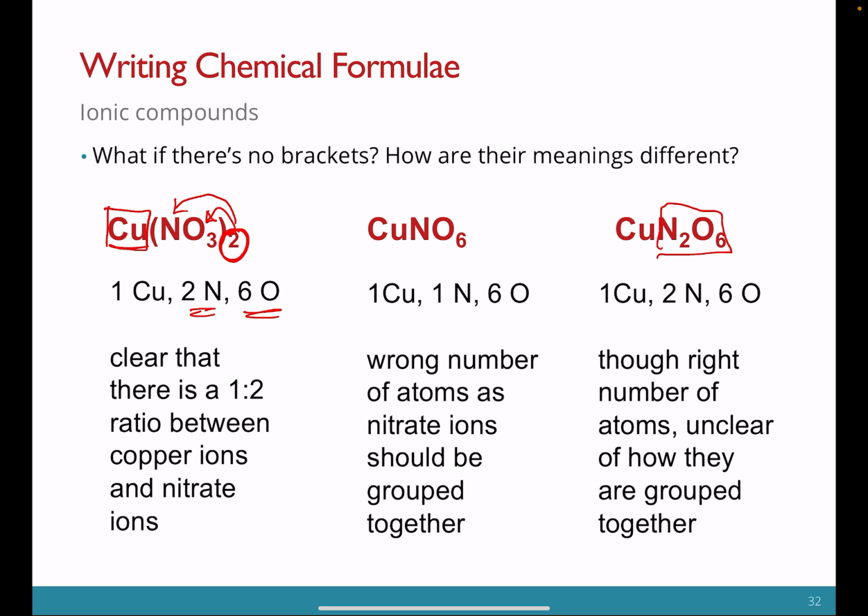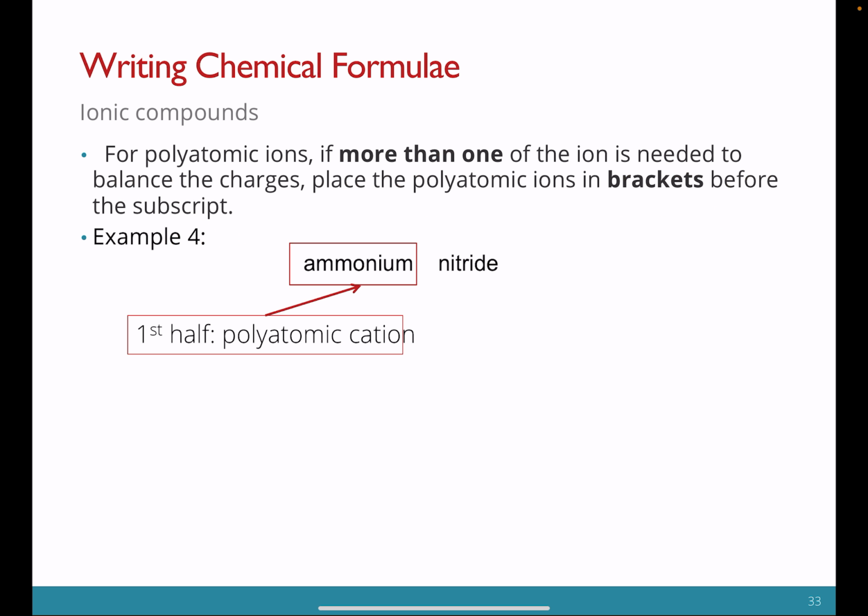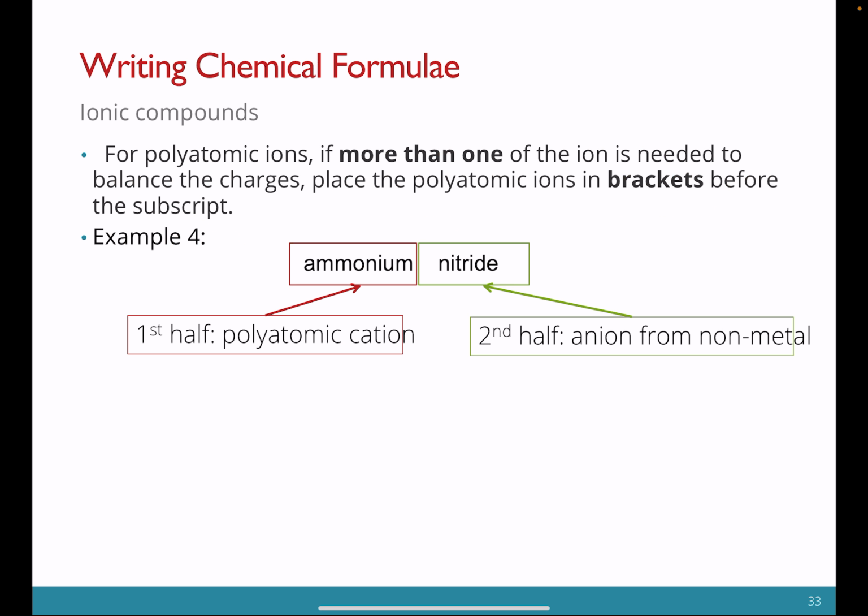Okay, so it's not clear, at least not immediately, from looking at the formula that nitrate ions are involved. Hence, whenever there's a polyatomic ion, if there's more than one in its ratio, we need to bracket it and put the subscript outside.